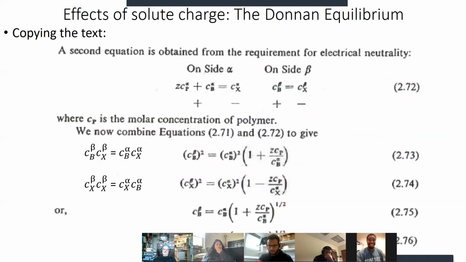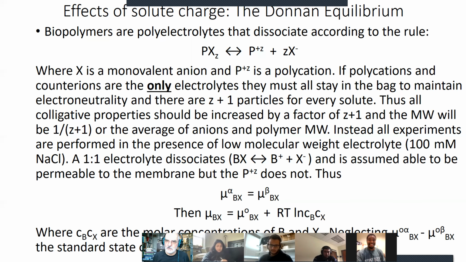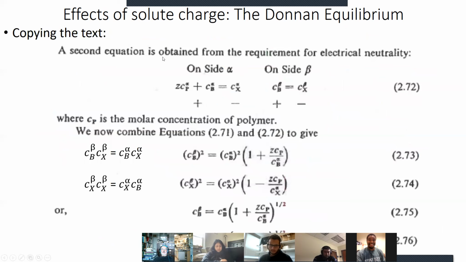So I've copied some things out of the text, and then I've made some comments to take us through. The other thing that you need to take into account is charge neutrality. Here we're just looking at concentration of salt. But inside the bag, we have a charge on the protein. So the concentration of the protein times its charge is the total amount of plus charge we have, adding the concentration of the cation on the inside of the bag.